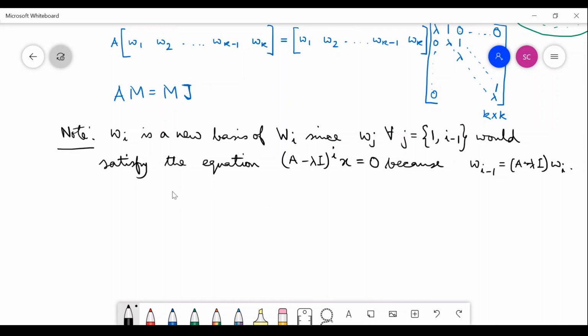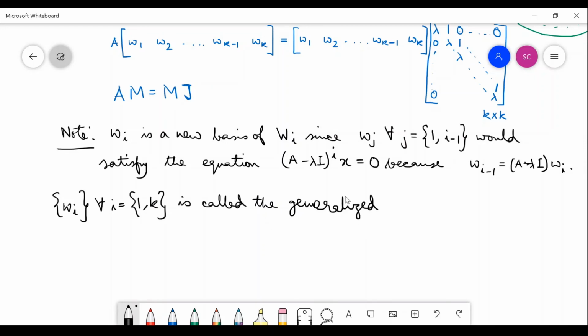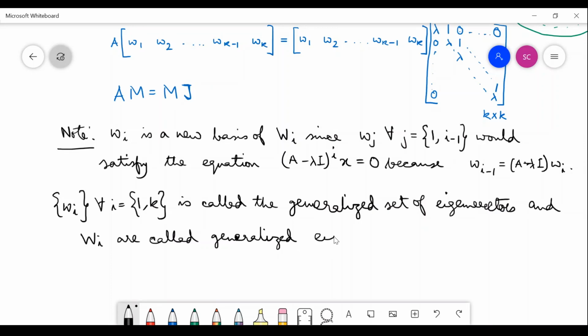So this is where it ends, and you can also write this, that the set of wi for all i equals 1 to k is called the generalized set of eigenvectors, and capital Wi are called generalized eigenspaces.